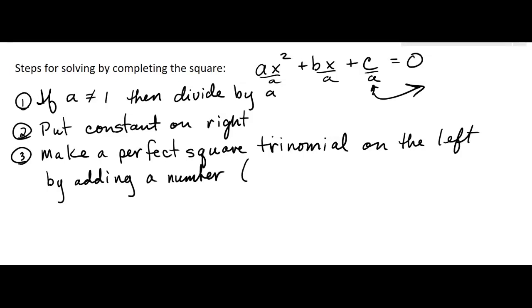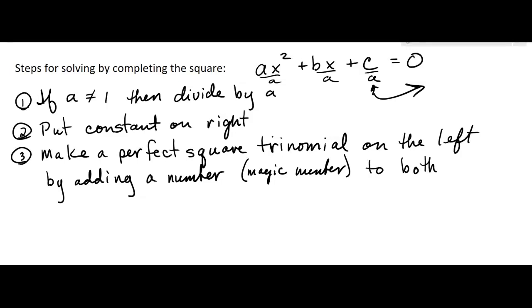And that's going to be that magic number. We're going to talk about it more when we get to the fourth method. But by adding a number, you're going to add that to both sides.